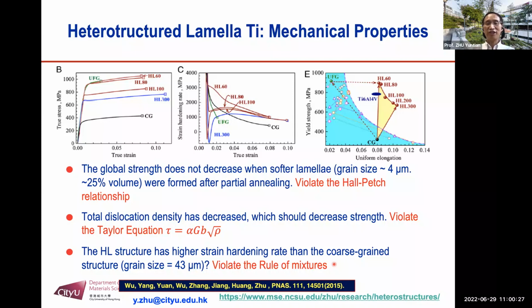What's going on is all caused by this HDI strengthening, HDI work hardening. What I'm saying is that heterostructured materials have superior properties because of a totally new science we were not aware of, we have not explored before. So that's good news and gives us a new science to study.